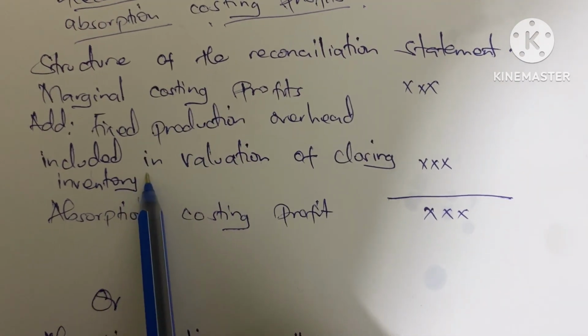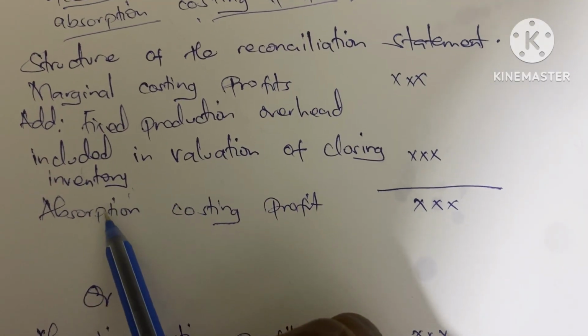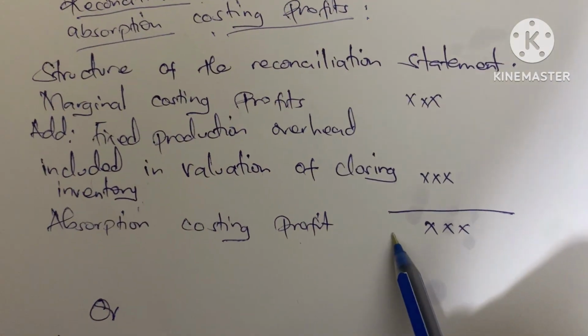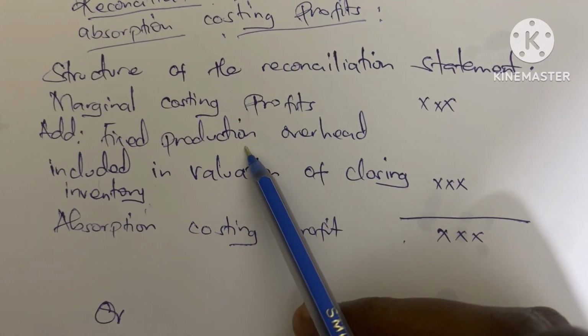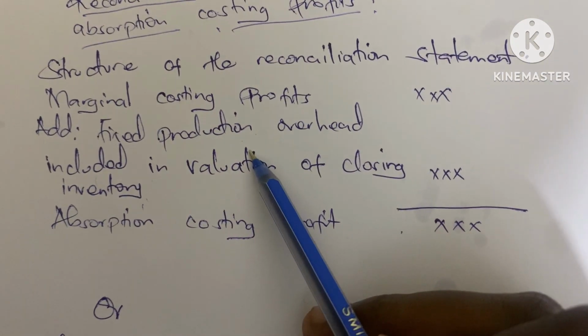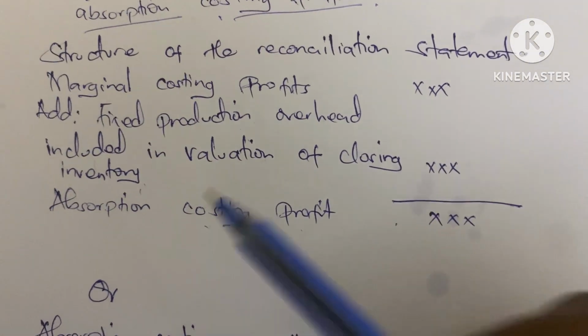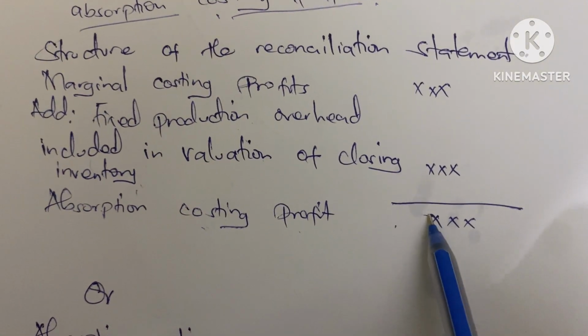We shall see how to get this. Then what you get should be equal to the absorption costing profit.